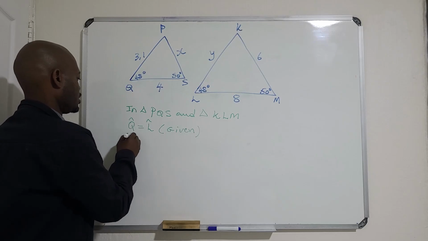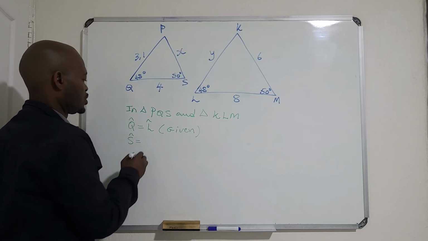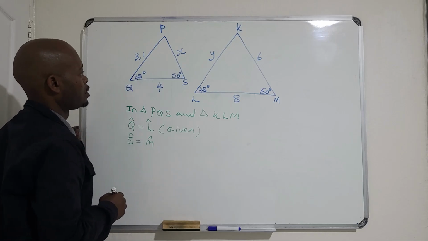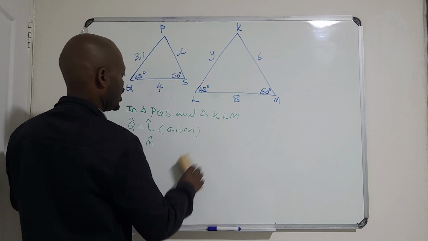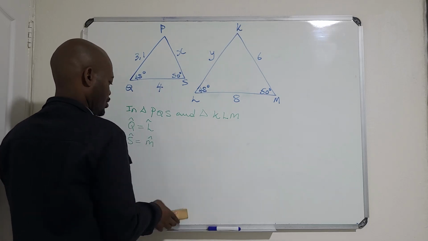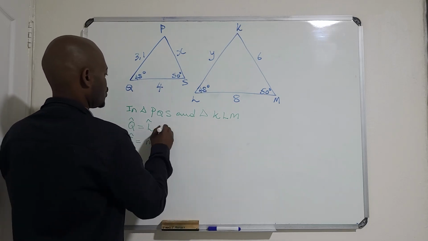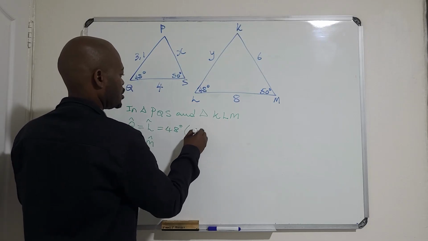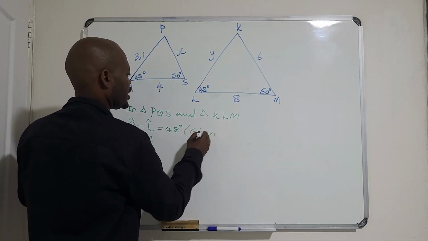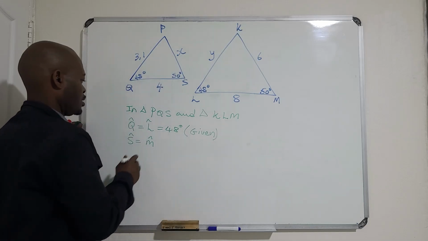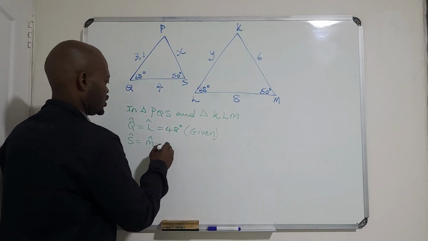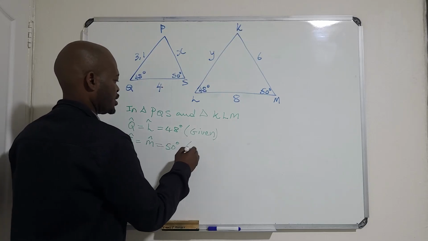Angle S is equal to angle M, which is equal to 48 degrees, given. Angle S is equal to angle M, which is equal to 50 degrees. We are still given.